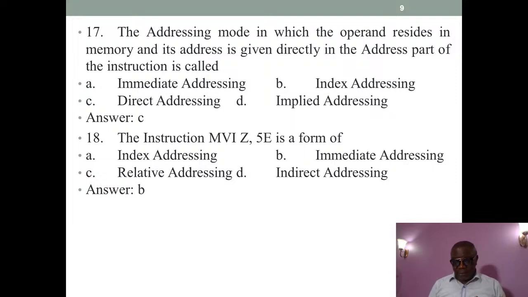So you can see how machine instruction works. You have said MVI. Remember, different microprocessors may have different commands. That was why we said you study the instruction set of the microprocessor you are using. But if we take this to be a typical microprocessor, MVI means move immediate Z 5E. 5E is a hexadecimal number which entails 8 bits.